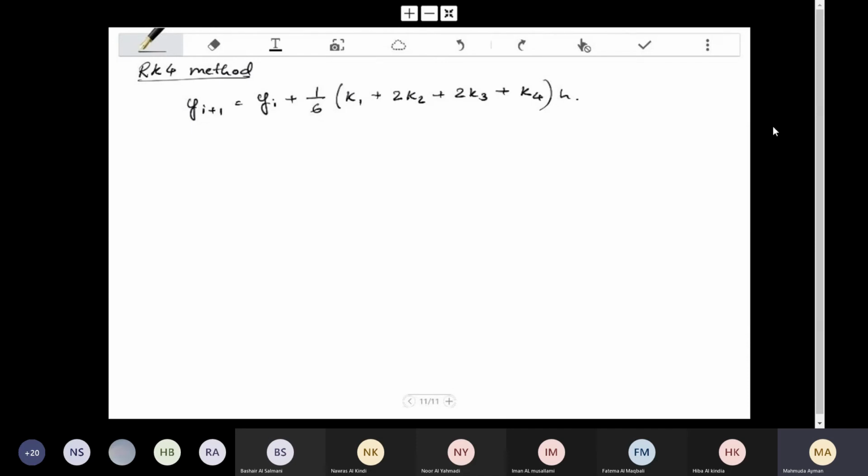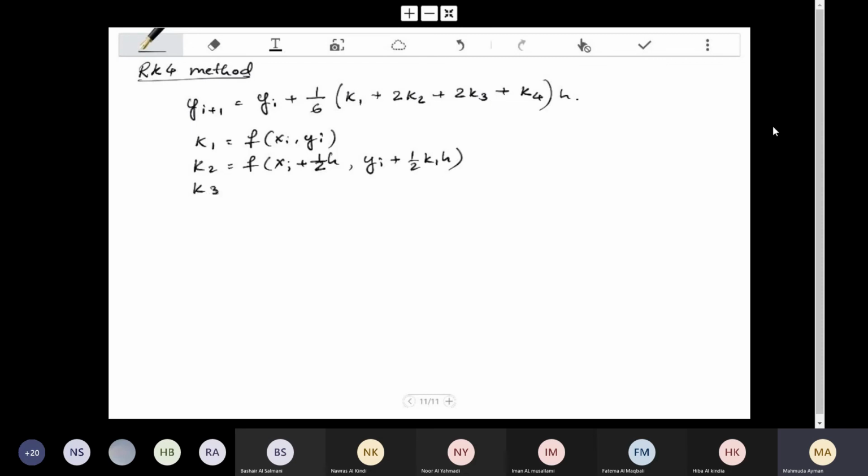And here now k1 is the value of the function at x i, y i, and k2 is the value of the function at the point x i plus half times h, comma, y i plus half times k1 times h.